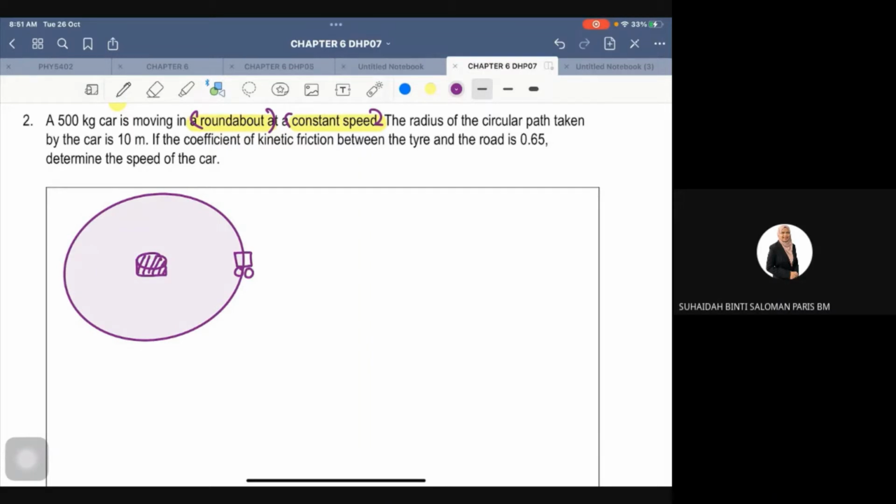Okay, bukan macam ni lah. Ataupun sebab colour lain.